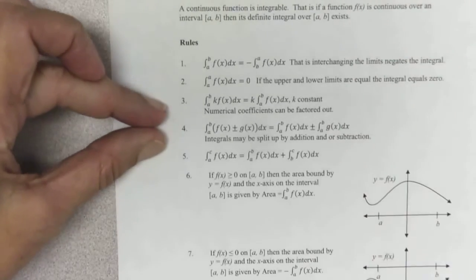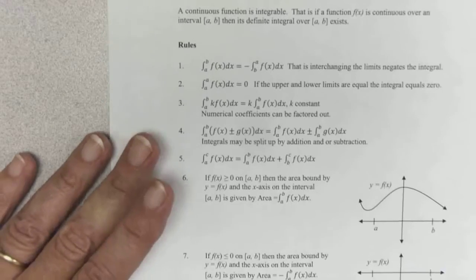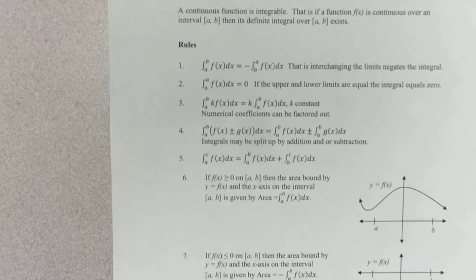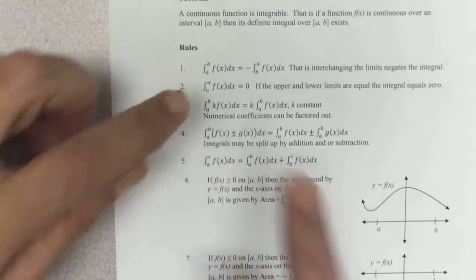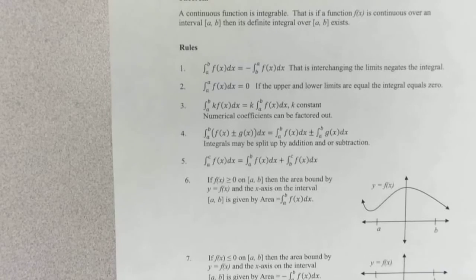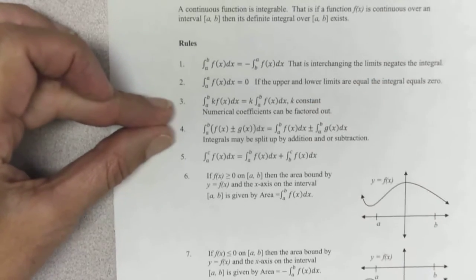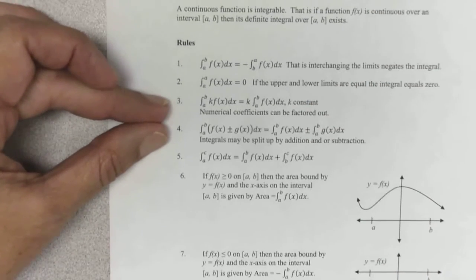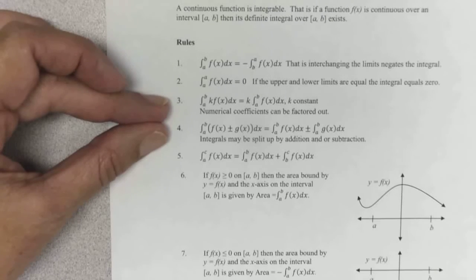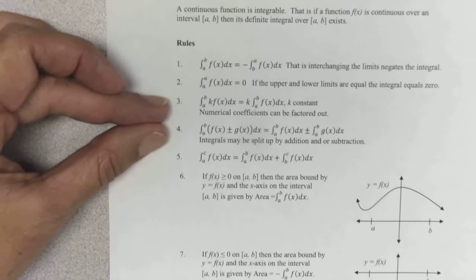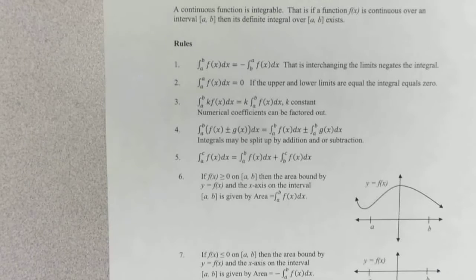These last two, if you think back to when we did indefinite integrals, the ones without limits of integration. And remember, indefinite integrals equal functions, definite integrals equal numbers. These two rules were also rules in indefinite integrals, that you could factor out coefficients and you could split up indefinite integrals by adding and subtracting.